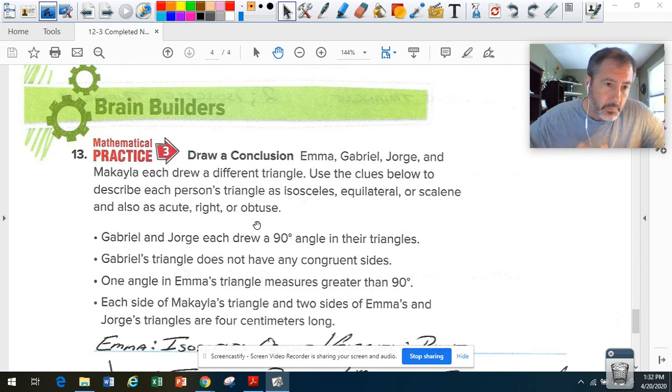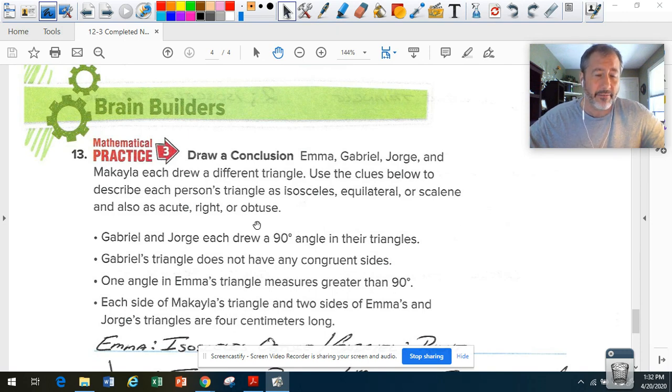Okay, here we go. Gabe and Juan, or Jose, or whatever his name is, drew a 90-degree angle in their triangles. So right now we know those two have right angles, so they're looking to have a right triangle so far.